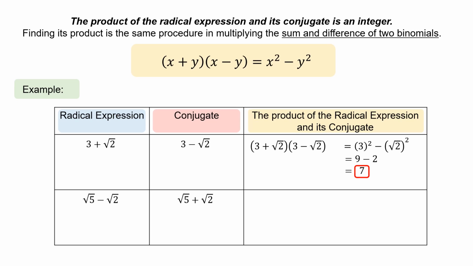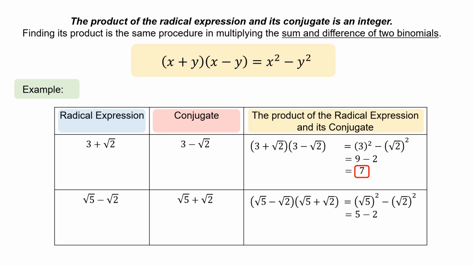Let us determine the product of the radical expression square root of 5 minus the square root of 2 and its conjugate. So, multiplying the two binomials, sundan lang natin itong ating rule ulit sa sum and difference of two binomials. And we have the square of the square root of 5 is equal to 5.